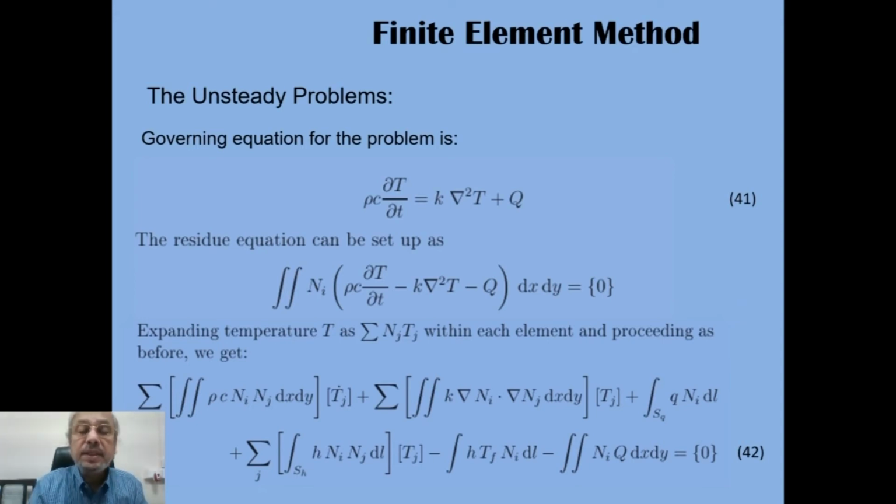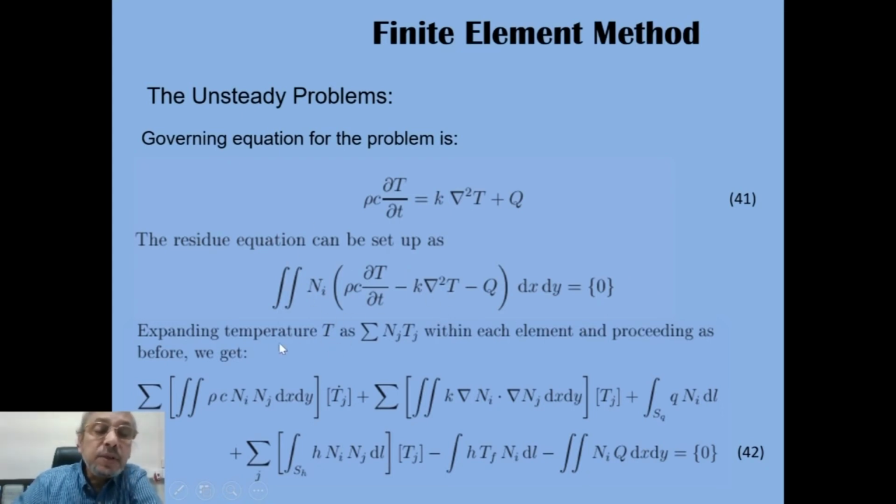The basic idea is if the shape function is correct and the temperature is correct, then eventually this integral will produce 0. So basically the error will be minimized.